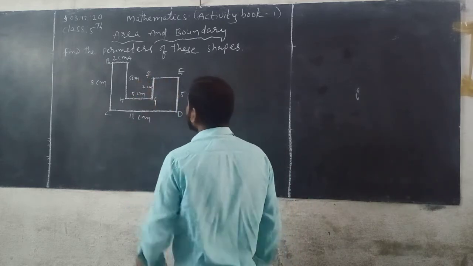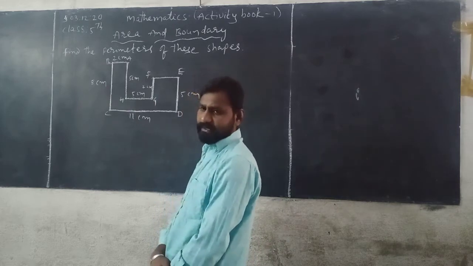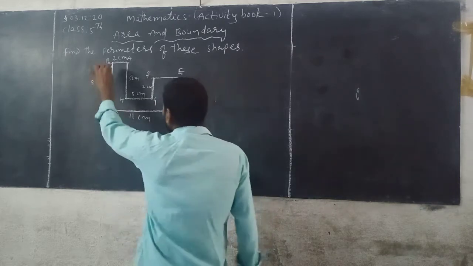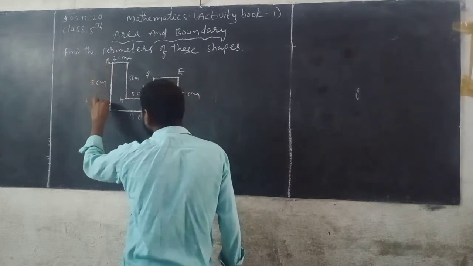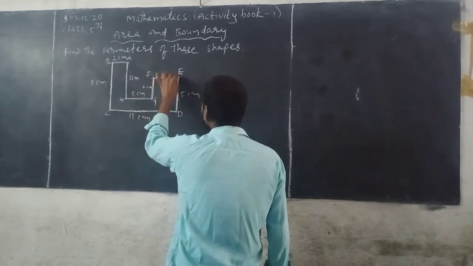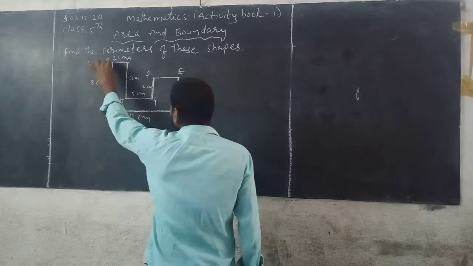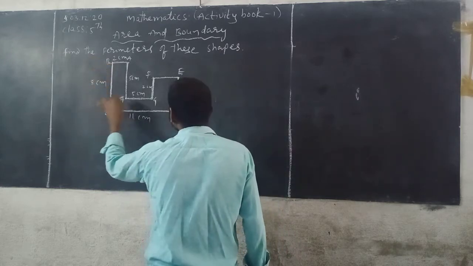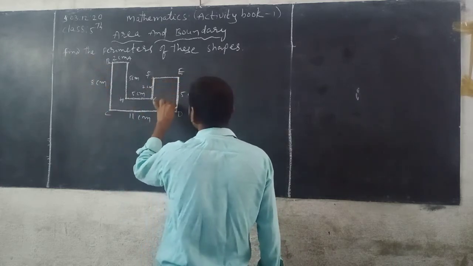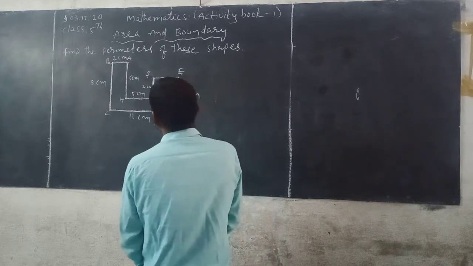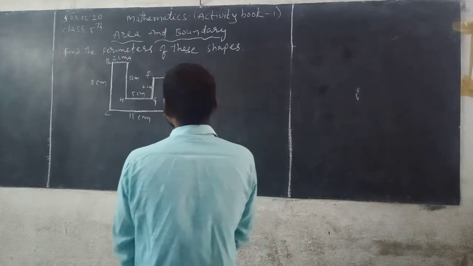EF is equal to, there is no length given in centimeters. Here BC is parallel to ED. Okay?